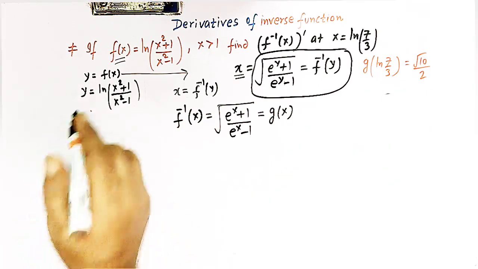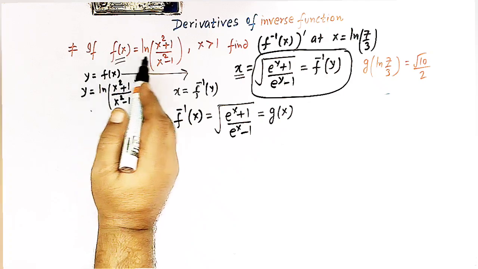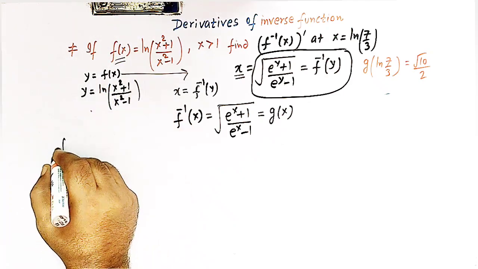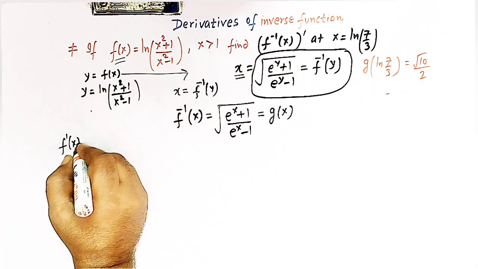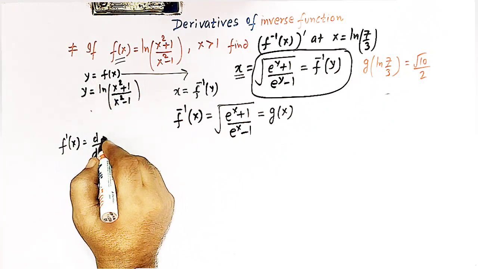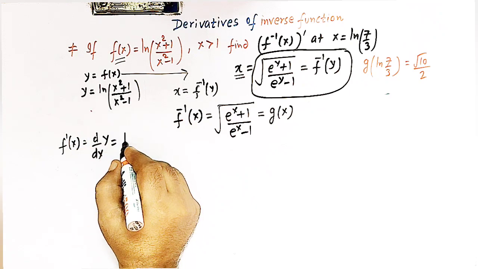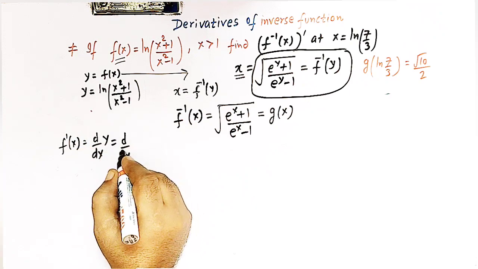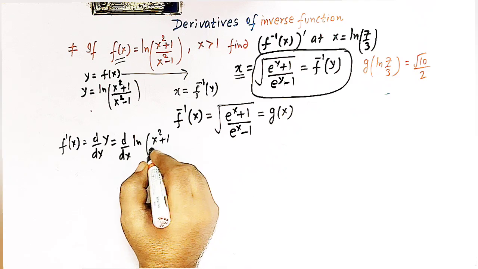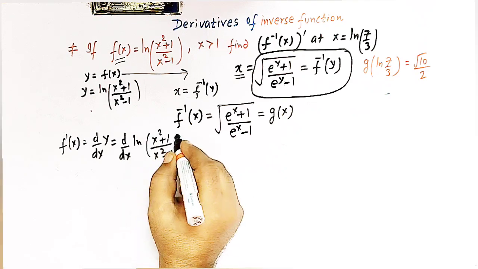So now the third step is to get the derivative of this function f of x. So we can now find f prime of x, which is d by dx of y, and y is our function, that is the natural log of (x square plus 1) over (x square minus 1).